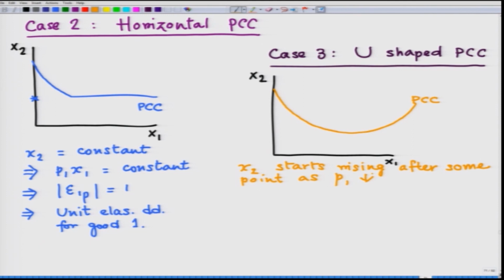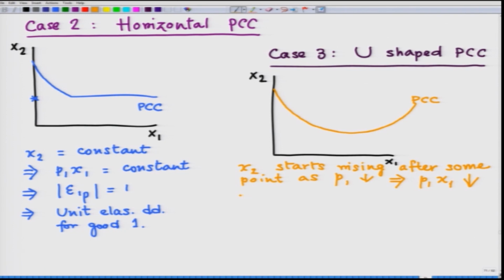Now, that can only happen if P1 x1 falls as a result of fall in price of commodity 1.